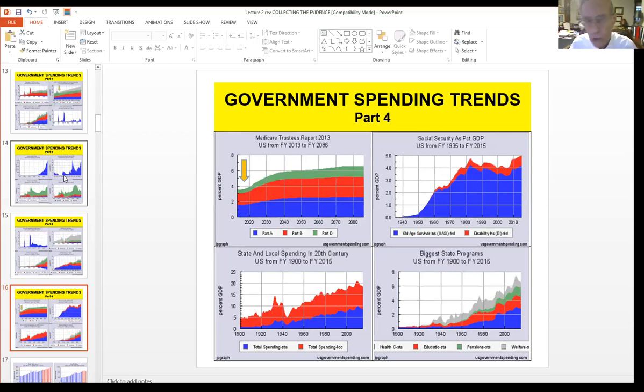Over on the right, we see Social Security. Again, I'm an old guy. There are lots more old people in the world today than there used to be, and that's true of our country. And you can see that the trend in Social Security payments has gone up steeply.